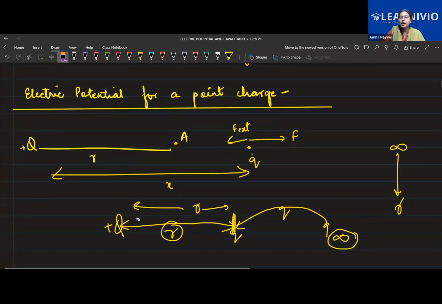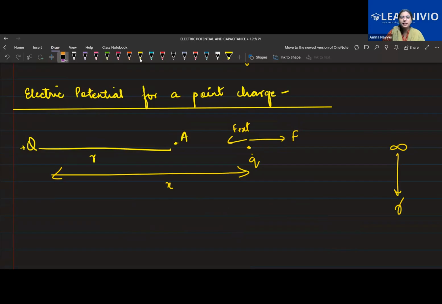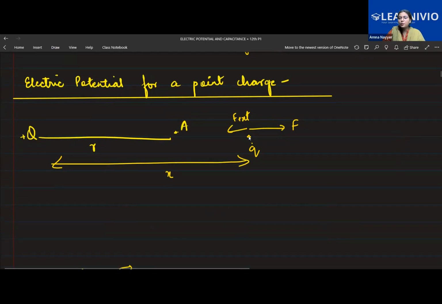This is what we are trying to do. For that purpose, we just had this charge present. This charge small q is present at your infinity, and there is an external force experienced by it.